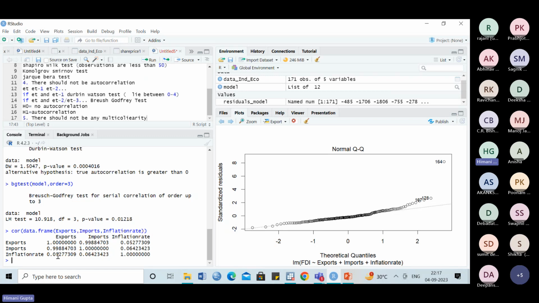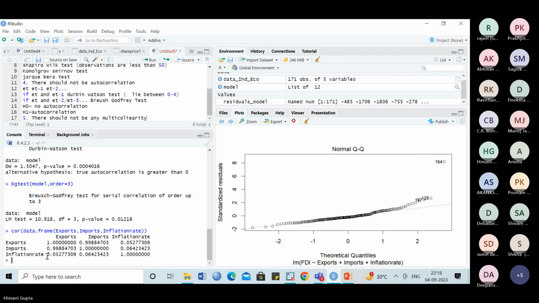And inflation with imports, less correlation is there. So that means inflation rate is not correlated with either exports or imports. So we can include inflation rate with both, one time with exports and another time with imports.